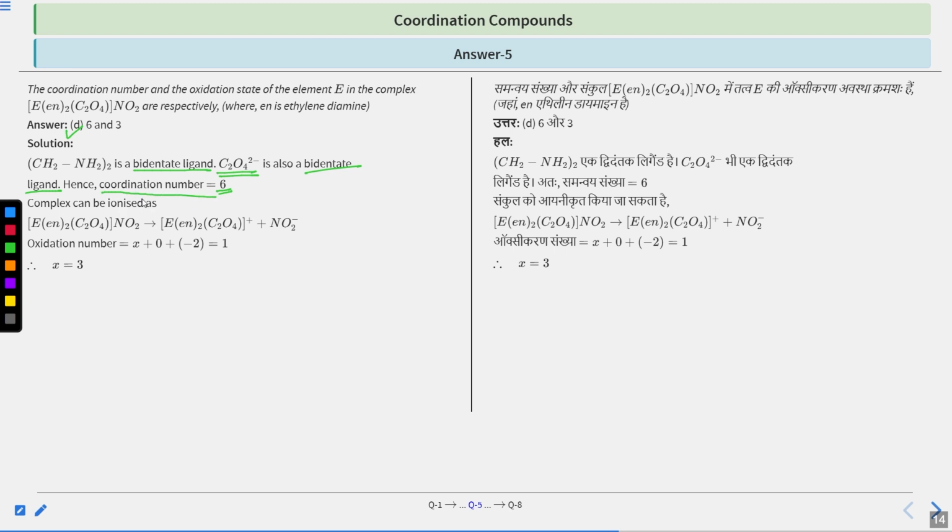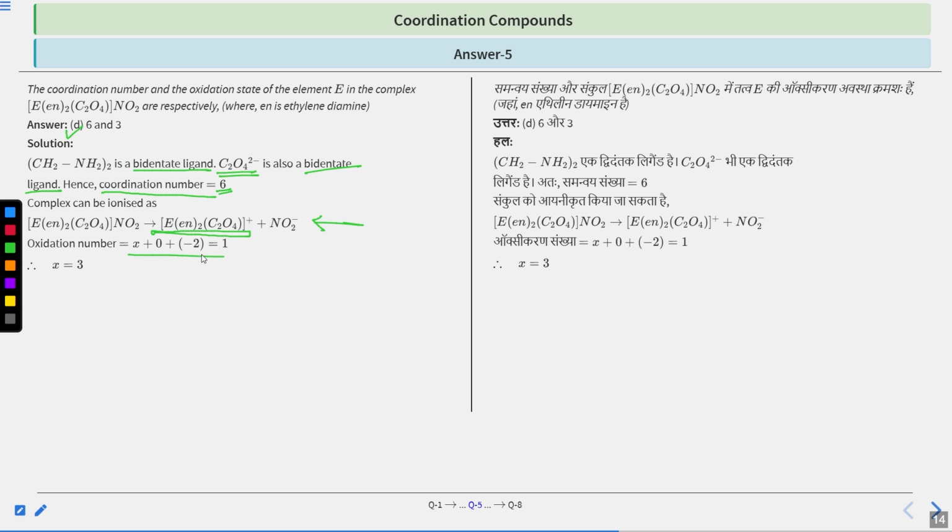Now the complex can be ionized as this: [E(en)2(C2O4)]NO2 giving us [E(en)2(C2O4)]+ plus NO2-. Now, if you find out the oxidation number from this ion, it will be x for E plus 0 for ethylene diamine plus minus 2 for the oxalate ligand will be equal to the total charge present on the complex, which is plus 1.